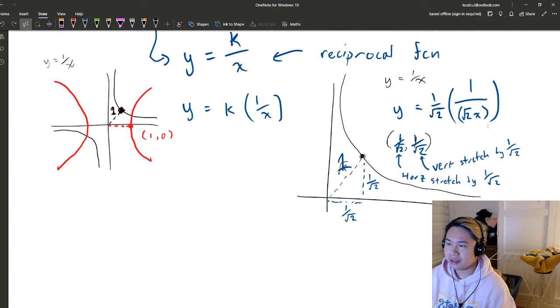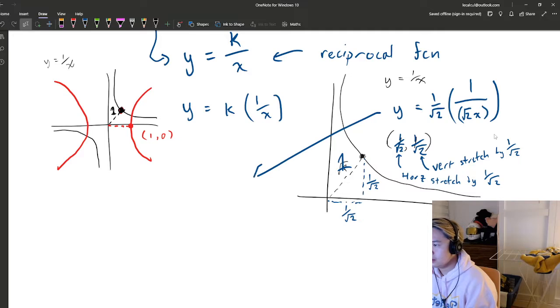This is going to help us find k, because k is whatever all of this coefficient stuff simplifies to. The root 2 and the root 2 multiply and make 2. So 1 over 2x, and that means k is 1/2.